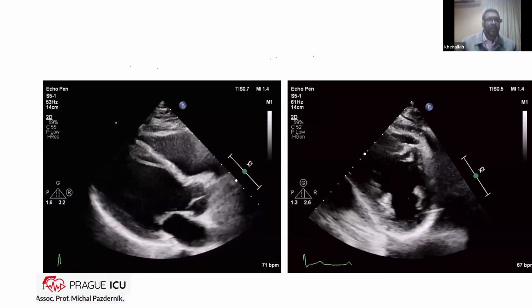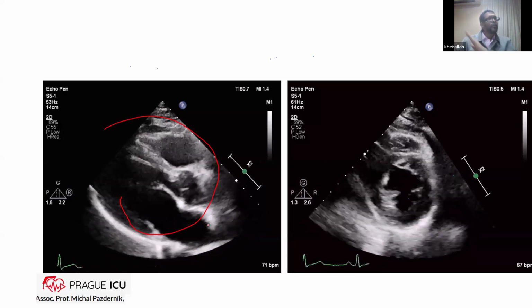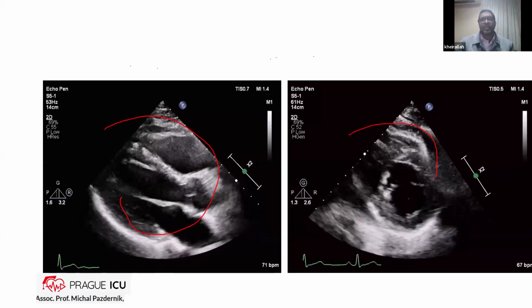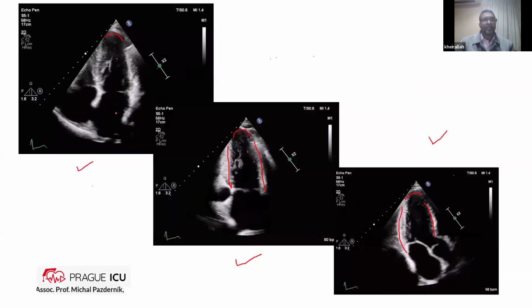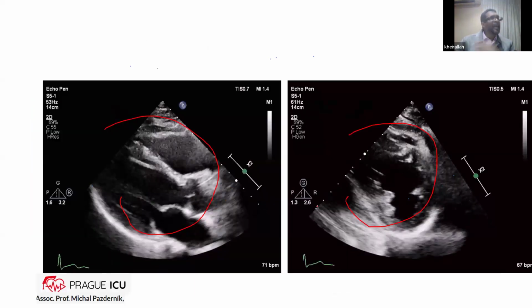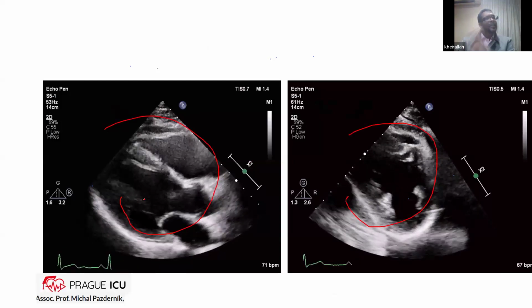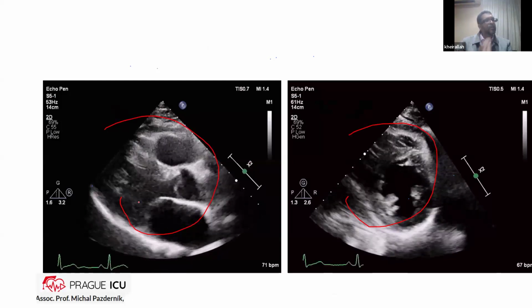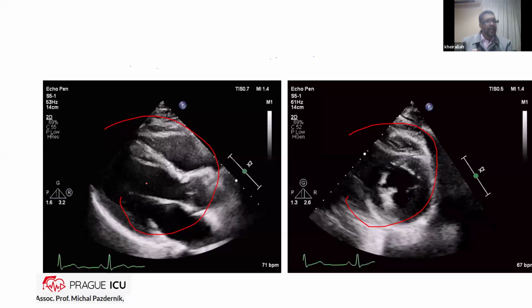So here, do we see the entire heart? No, we see part of it. We see a slice. Here we see a slice. Here we see a slice. Yeah? So it is slices. That's why in each slice, you have to know what segments you are seeing in this particular slice.